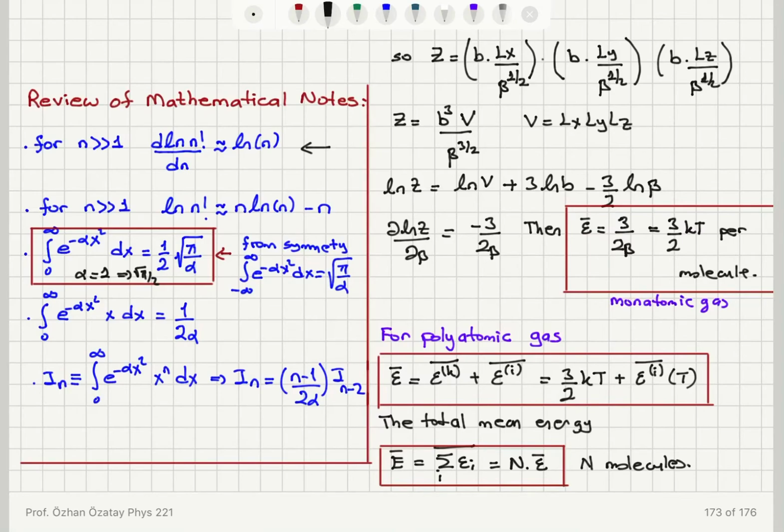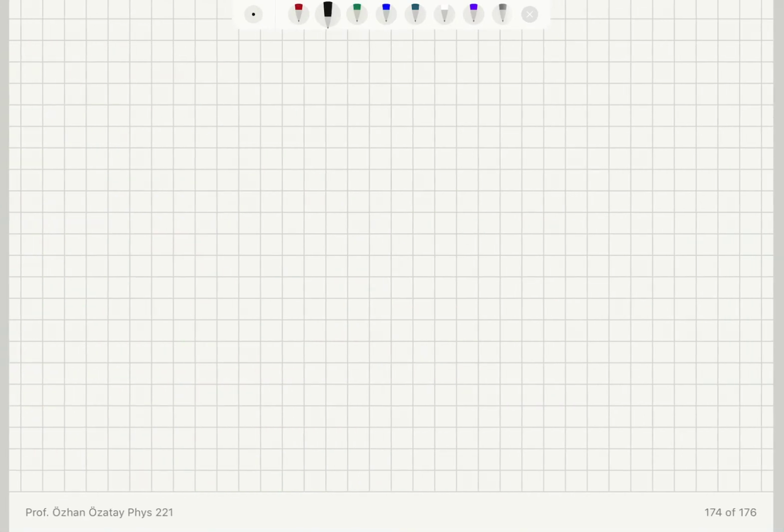Now there is an important result here. I have found that the mean energy is only a function of temperature. It's independent of the dimensions of a container. This is for an ideal gas. So for an ideal gas, we find that the total mean energy is a function of temperature.